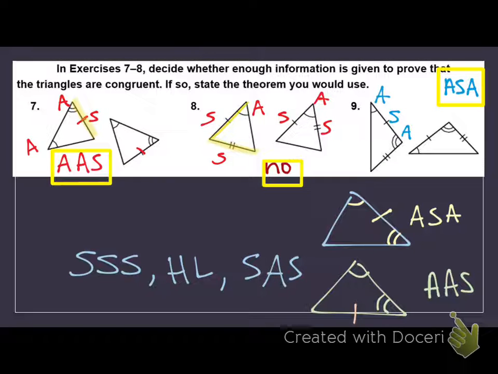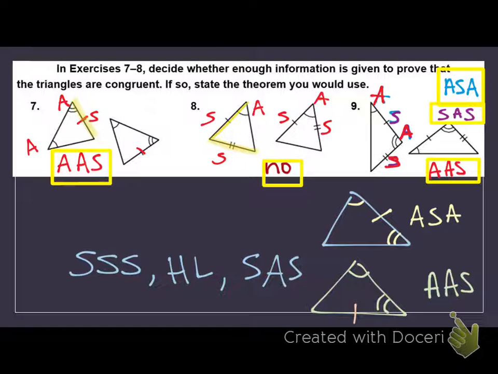So we have angle, side, angle. We definitely have also side, angle, side. And then there's one more. Angle, angle, side? Correct. Angle, angle, and then the side across from it.